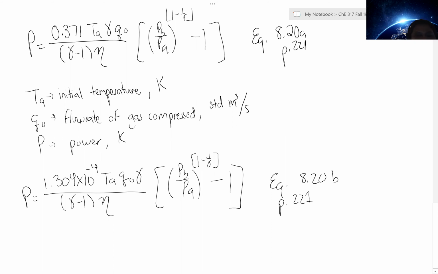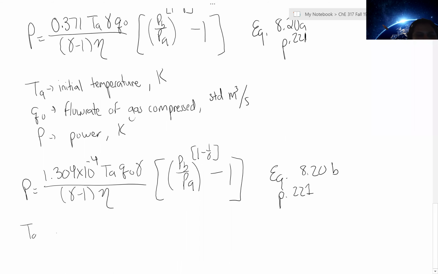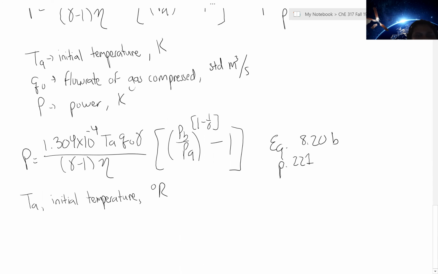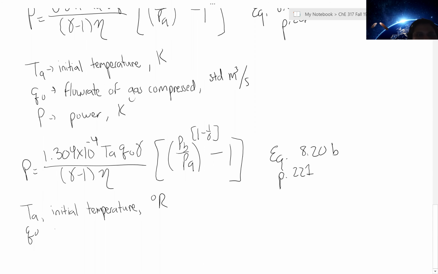And in this one, T_A is our initial temperature, but in degrees Fahrenheit. Q naught is our flow rate of our gas in standard cubic feet per minute.